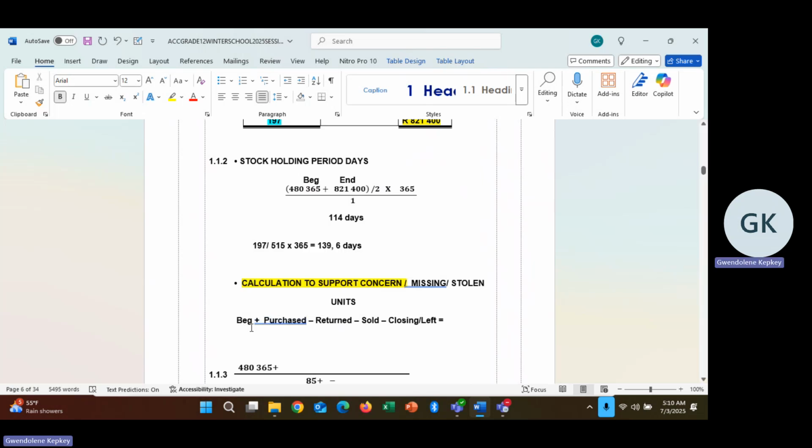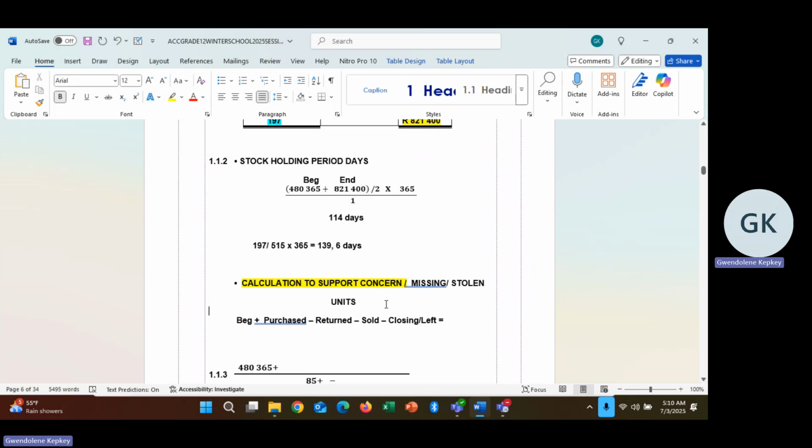I take my beginning items, I add what I have purchased, I deduct what I have returned, I deduct what I have sold, I deduct what I have in the form of closing stock, or you could say the items that I have left. That will then indicate to you clearly how many items or if items was stolen.